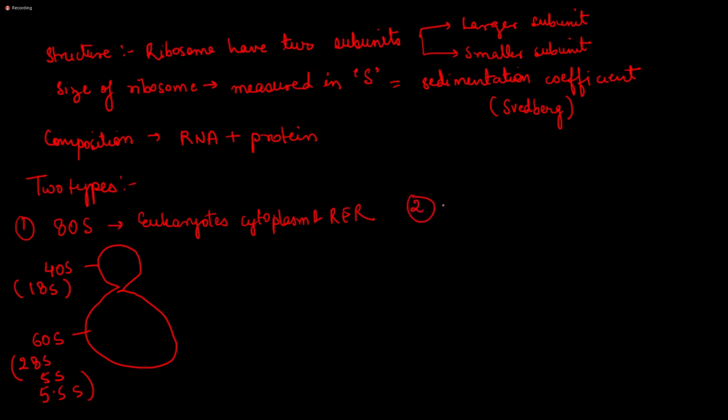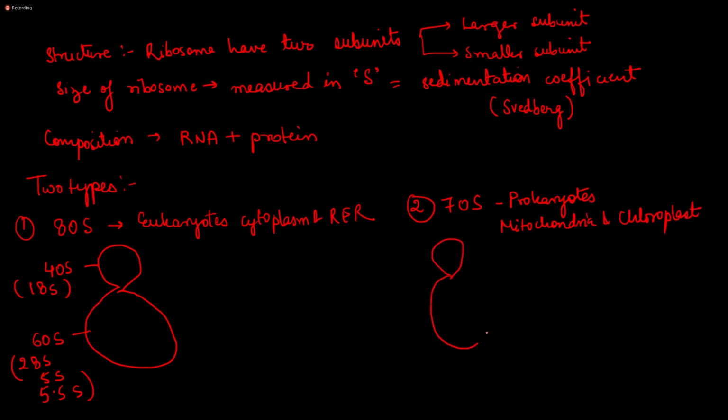Now, the second type of ribosome is 70S. These are present in prokaryotes, and in mitochondria and chloroplast. It further comprises two subunits: 30S and the larger 50S.